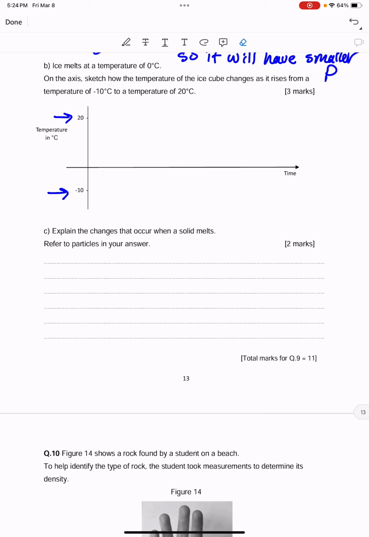So let's think about it here. At minus 10 until, let's say here, what's going to happen to the ice? It's still freezing. The ice is still ice as long as we are at a temperature less than 0. So the time goes, this axis is for the time, and the temperature of the ice is increasing, however, it's still ice. So we're going that way.